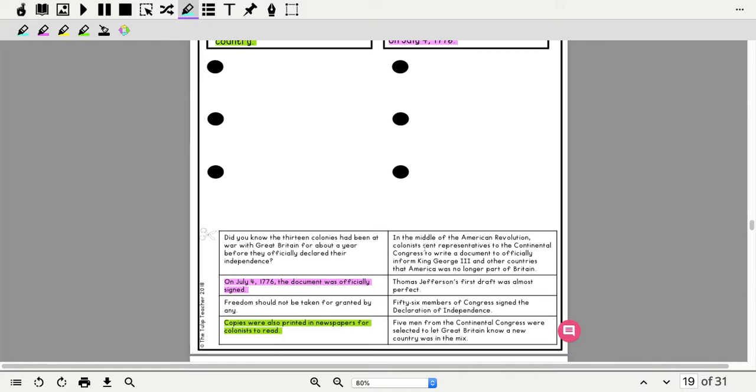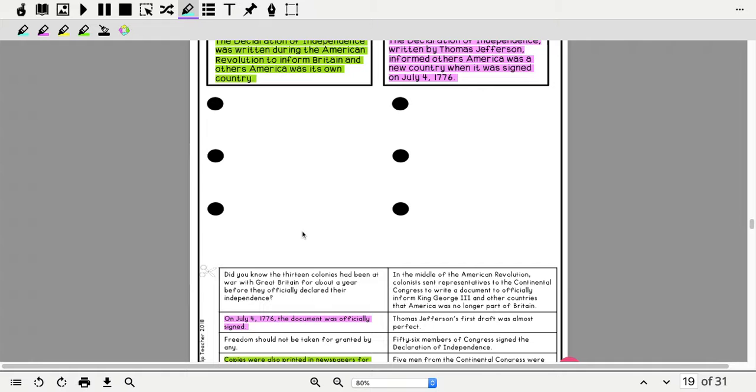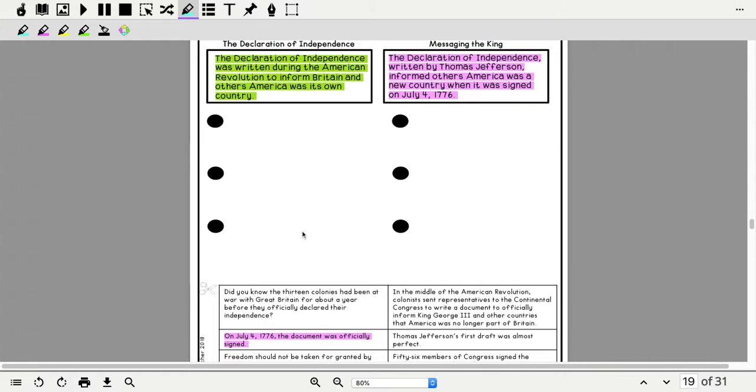The next one says, in the middle of the American Revolution, colonists sent representatives to the Continental Congress to write a document to officially inform King George III and other countries that America was no longer part of Britain. Which one of these does that best support? It best supports this one.